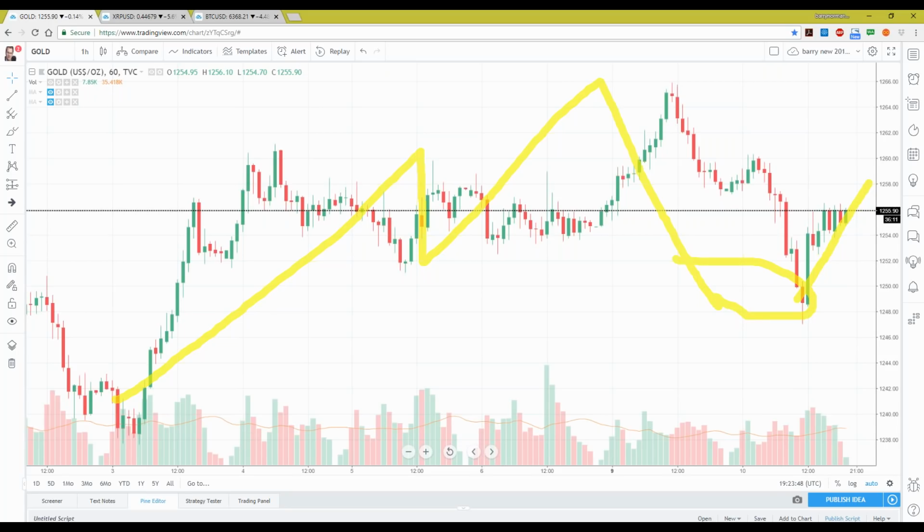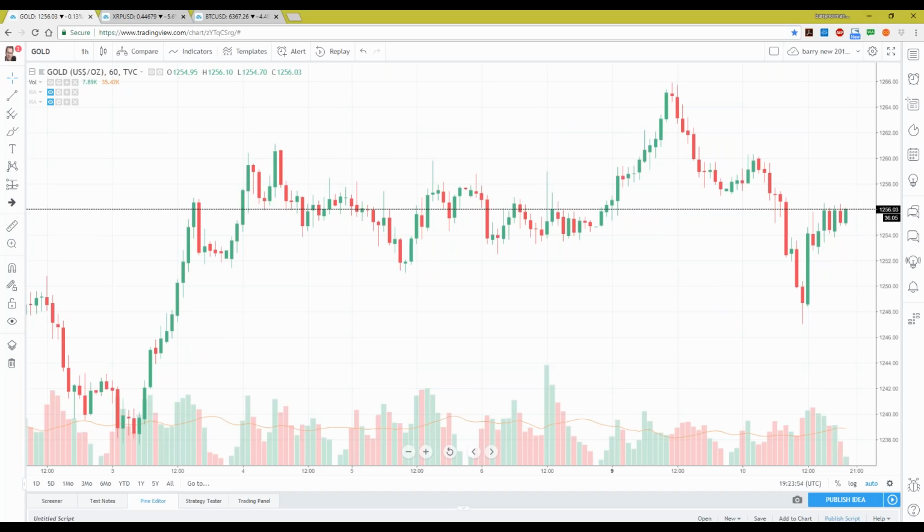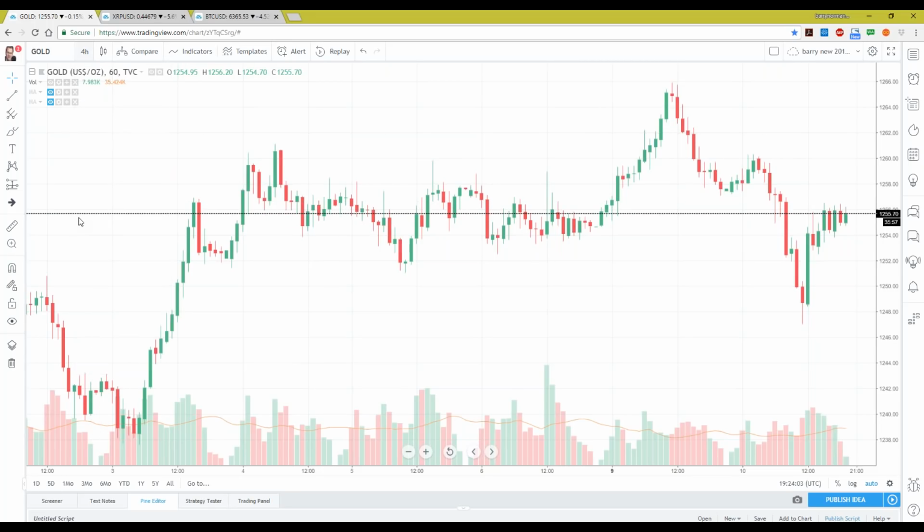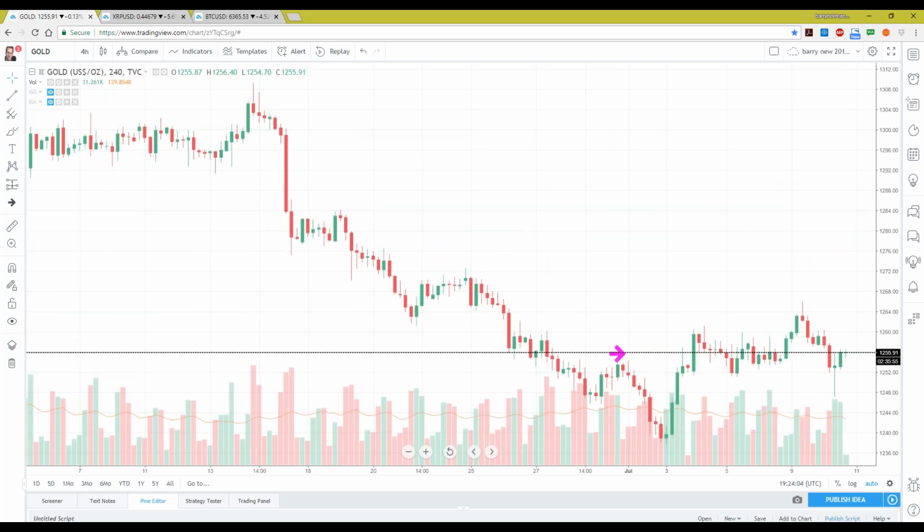Well, the first thing is we could look at an asset in a wider time frame. Let me just get my marker off of here. And so if we were to go back and look at gold in a 4 hour time frame, okay, we're in this downtrend, push, ease, push.